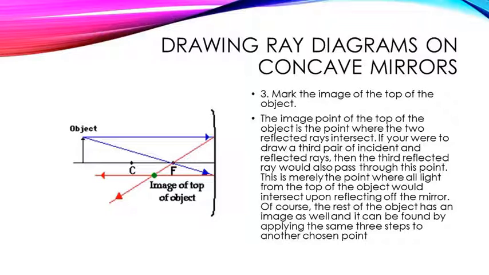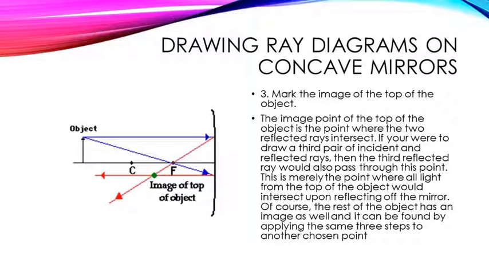Mark the image of the top of the object. The image of the top of the object is the point where the two reflected rays intersect. If you were to draw a third pair of incident and reflected rays, then the third reflected ray would also pass through this point.